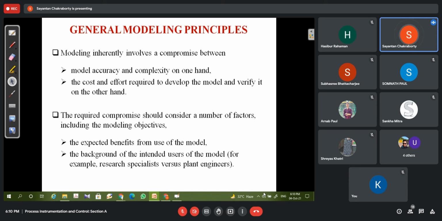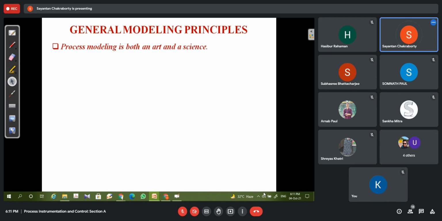On the other hand, if you intend the model for research purposes or for R&D, then it is expected that you develop a model that should include the intrinsic details so that it can be made more accurate, or it can be made closer to the real problem. So these are the two aspects that should be maintained so that you always make a compromise between the accuracy and complexity, and obviously cost on the other hand.